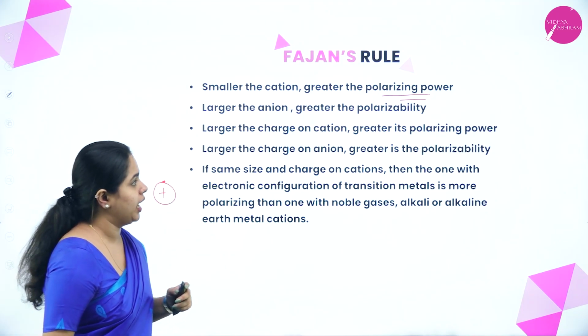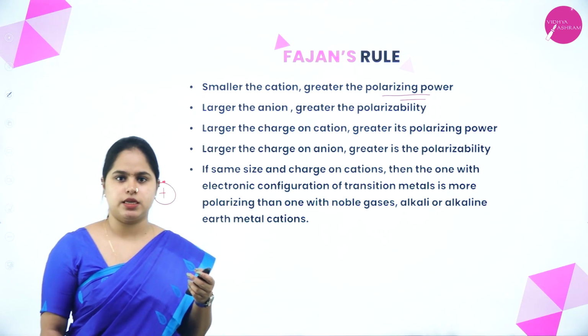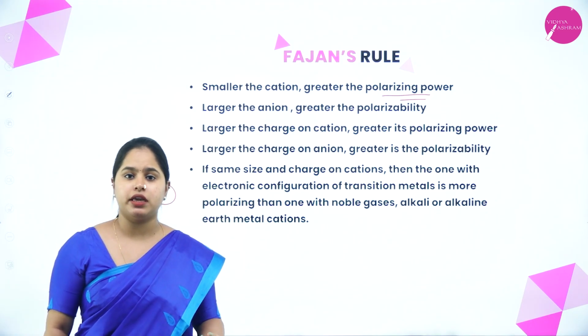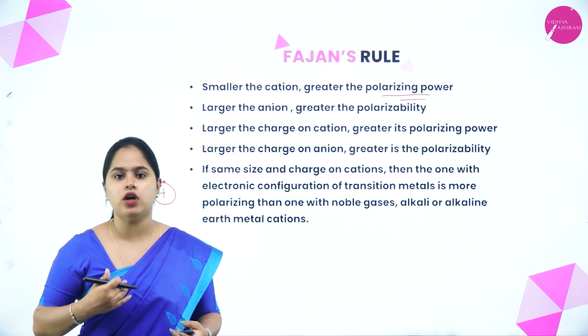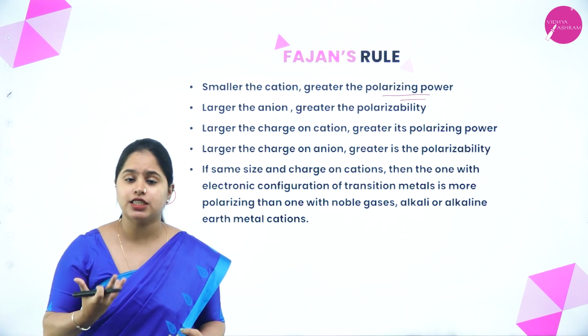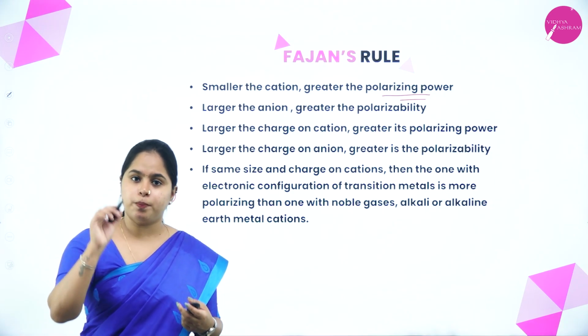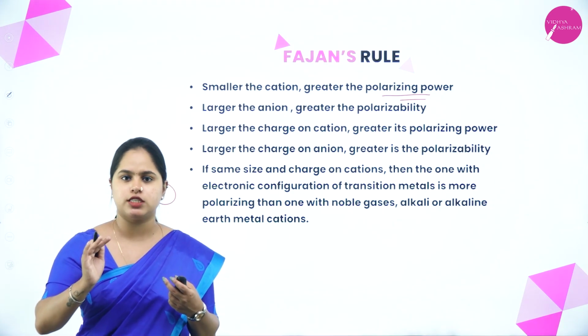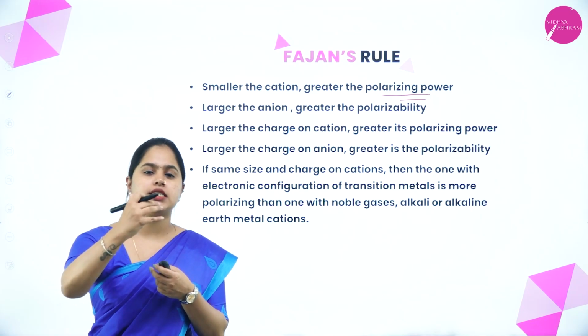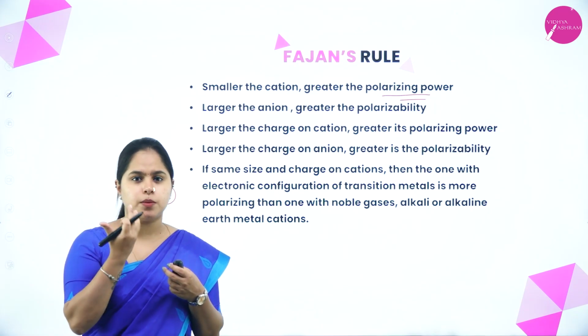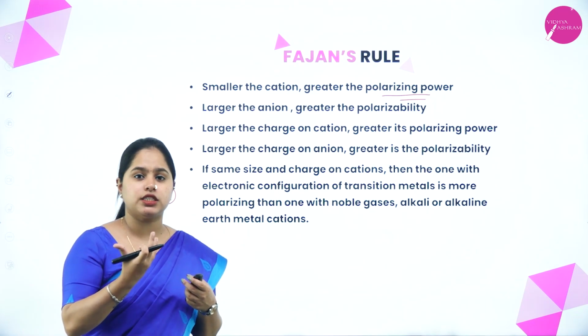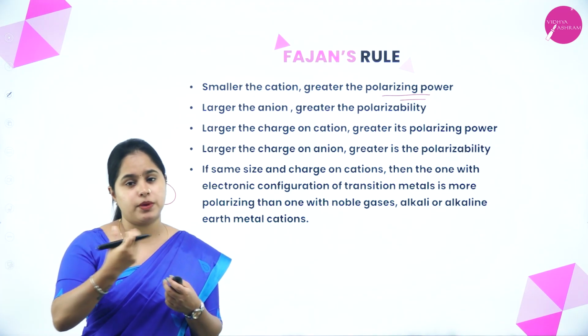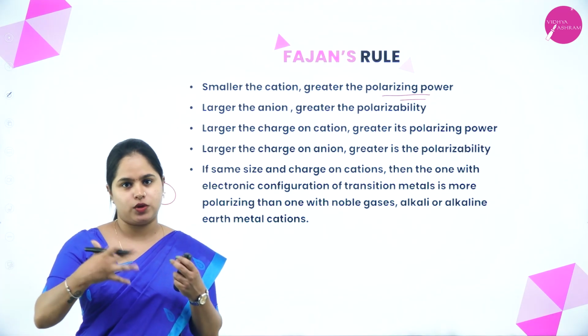Larger the charge on the cation, greater its polarizing power. Larger the charge on the cation means the size will keep on decreasing. For a +1 charge, one electron has been removed. The size decreases because with fewer electrons the effective nuclear charge remains the same, so more and more pull is towards the nucleus.